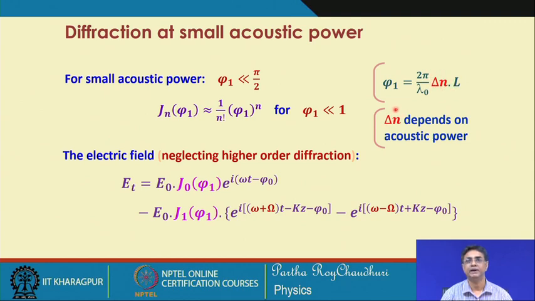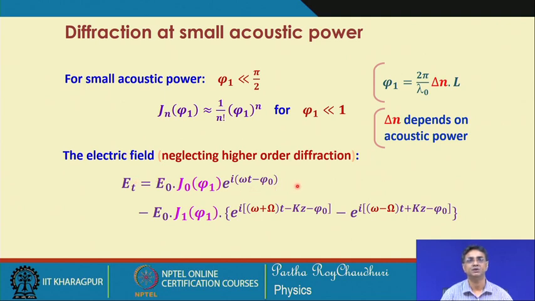By changing this acoustic power, we can actually change this phi. So, they are proportional. If you bring down the acoustic power to a small value, then we can achieve this condition, and in that case we can neglect the higher order diffraction terms.